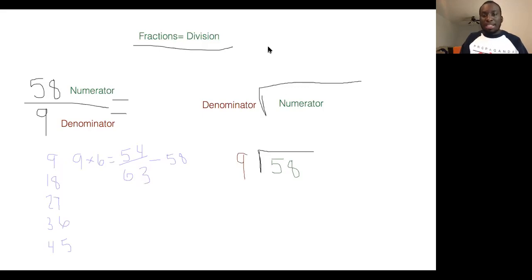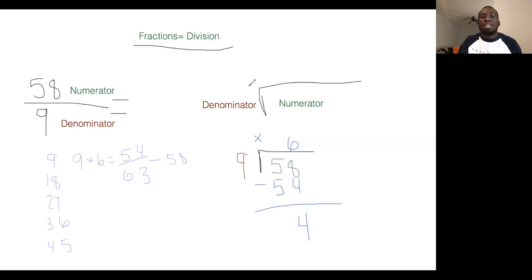So I'm going to put my 6 on top. And now I'm going to multiply. 6 times 9 is 54. And now I'm going to subtract. I put it on the top, multiply, subtract. 58 minus 54 is 4.